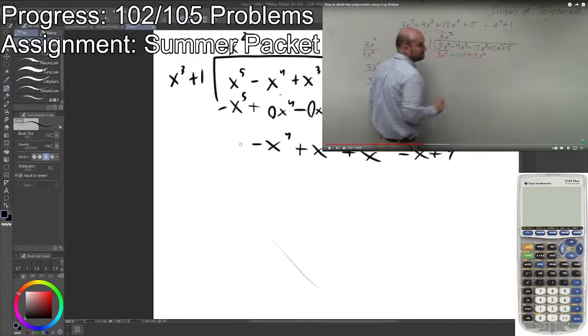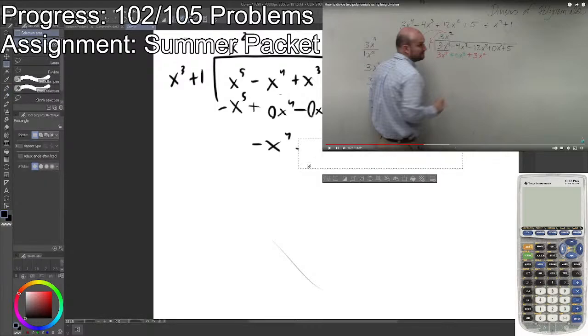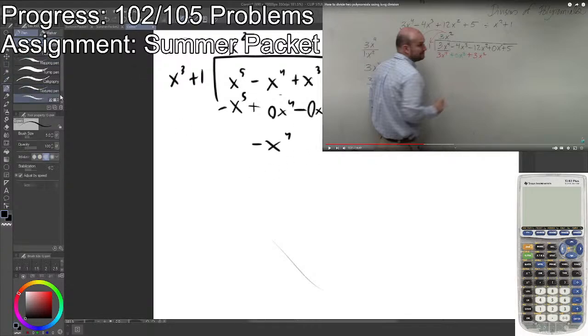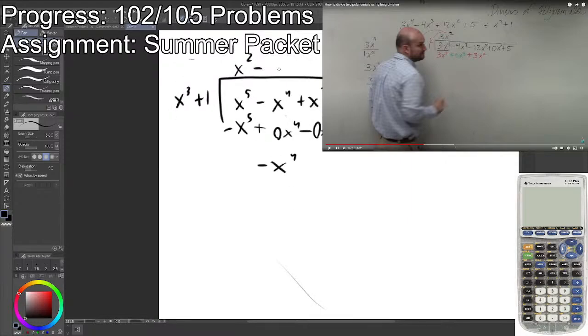I don't need to bring that whole thing down, not yet. Let's bring down negative x to the 4th. To get that, I want negative x. Then plus x to the 4th, and then negative x, which would actually be a positive x.